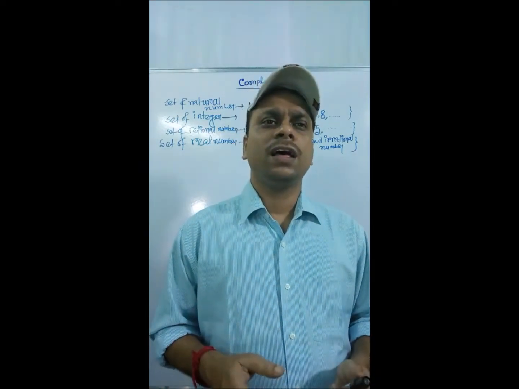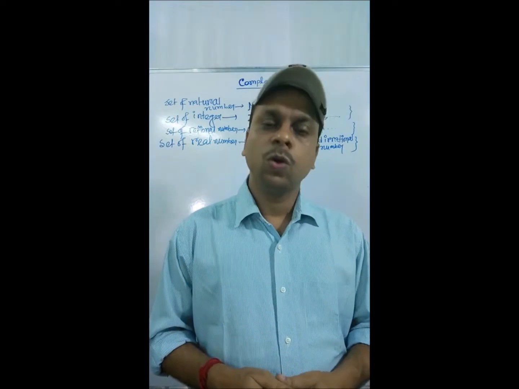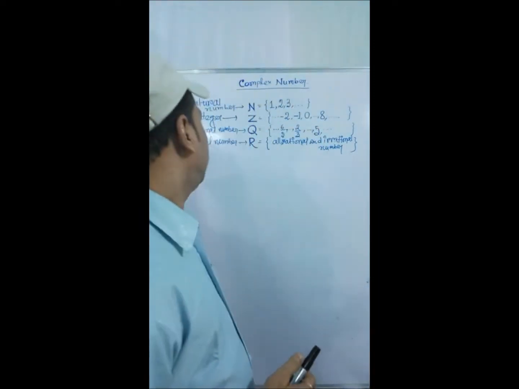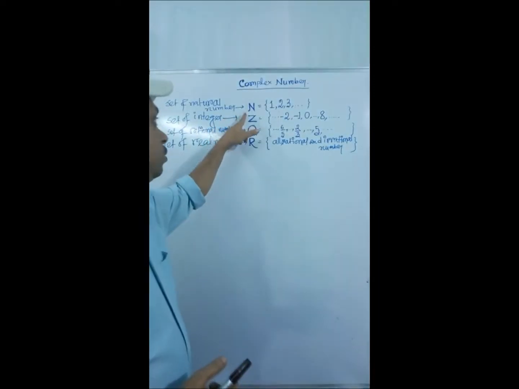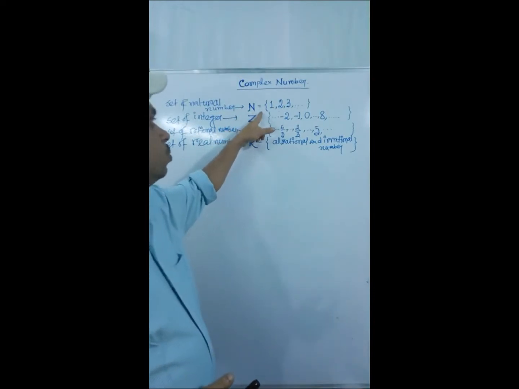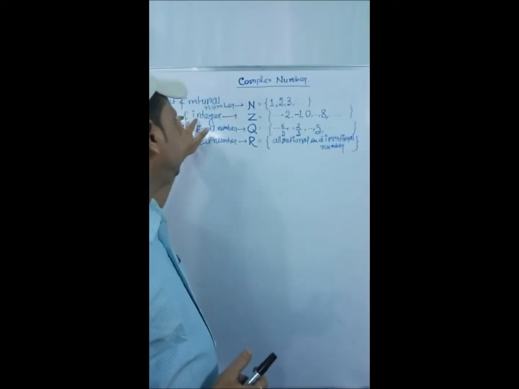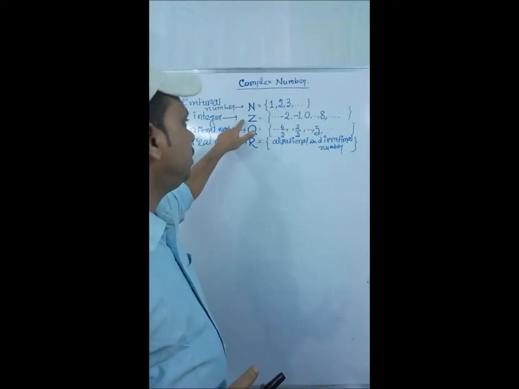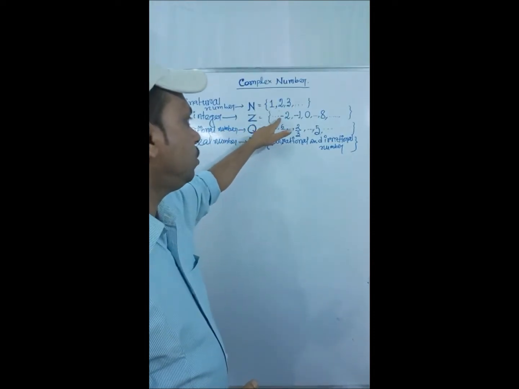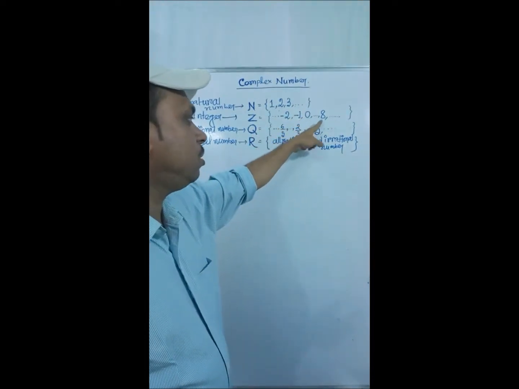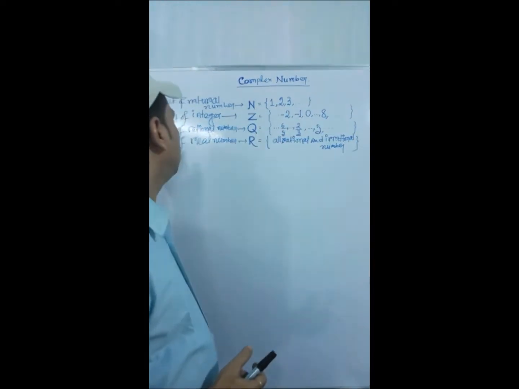From the set theory, we see that the natural number set is denoted by N, where N equals 1, 2, 3 and so on. The set of integers is denoted by Z, where Z equals ... -2, -1, 0, 1, 2 ... and so on.